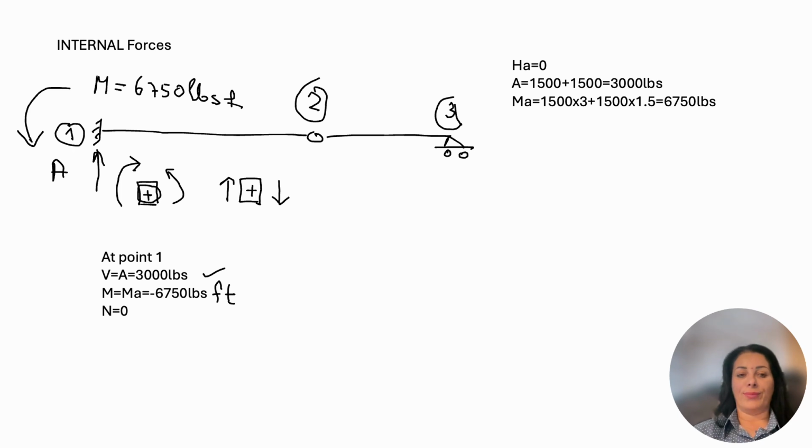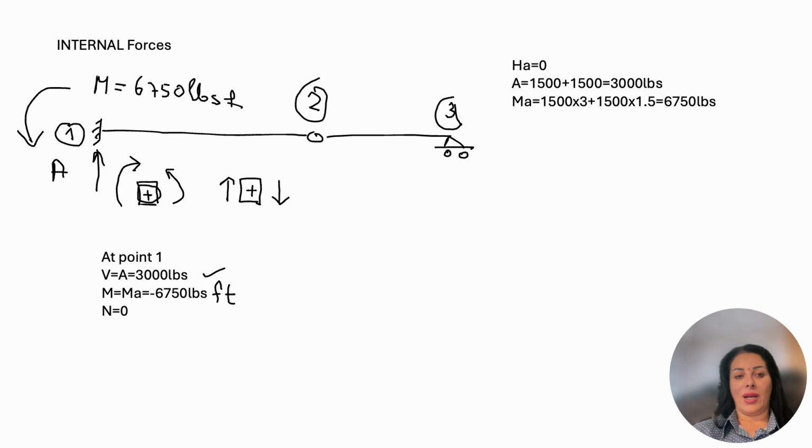For internal forces, the important points are 1, 2, and 3. At point 1, our shear force will be positive if it is going along the Y direction of the coordinate system. So we have the reaction at point A, which is 3,000 pounds, and that is our shear force at point A. Then we have a moment which is counterclockwise, and in order to have a positive value of moment, we said that the moment here has to be clockwise.